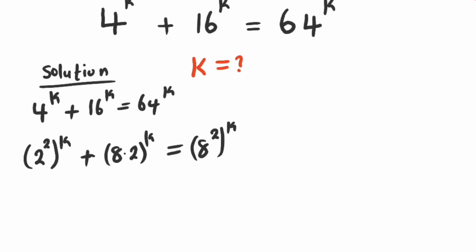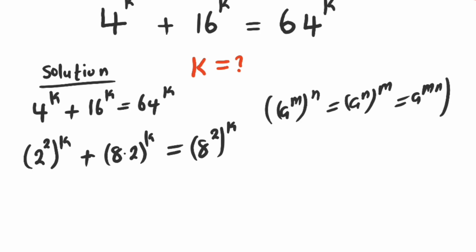Now take note of this: if you have a raised to power m to the power of n, this is equal to a raised to power n to the power of m, which is equal to a raised to power mn. And if you have a multiplied by b raised to the power of n, this is equal to a raised to power n multiplied by b raised to power n.